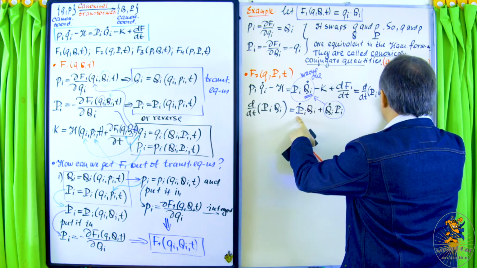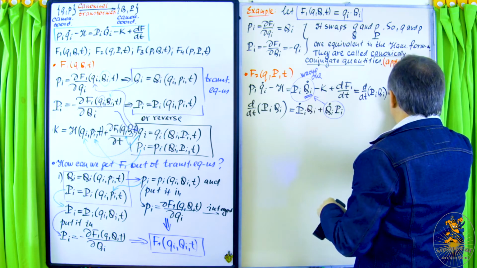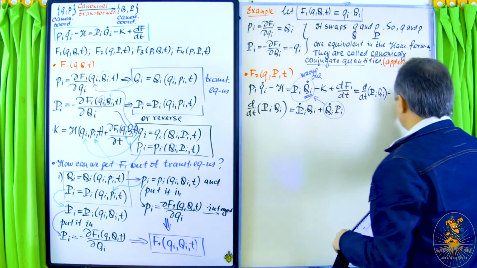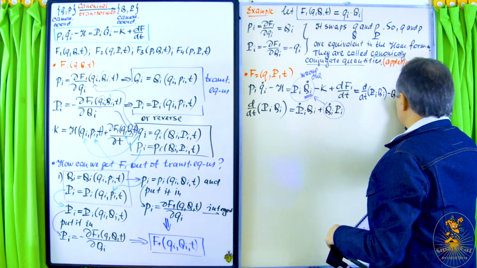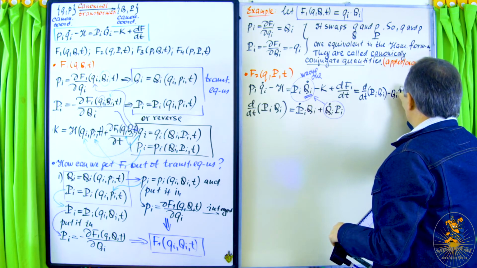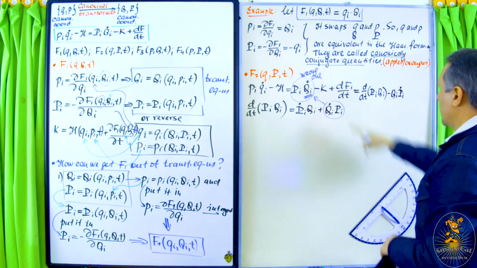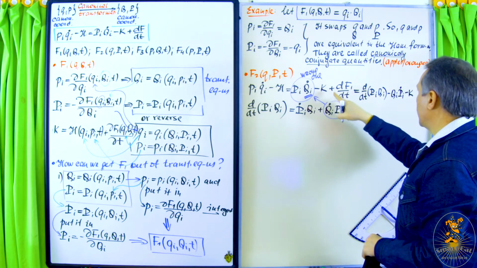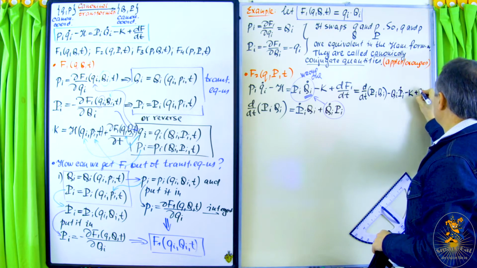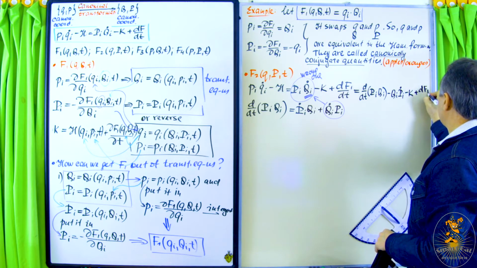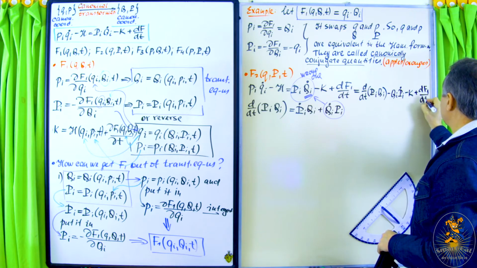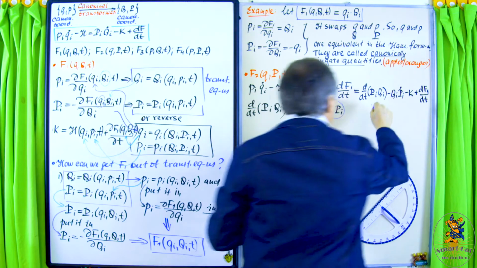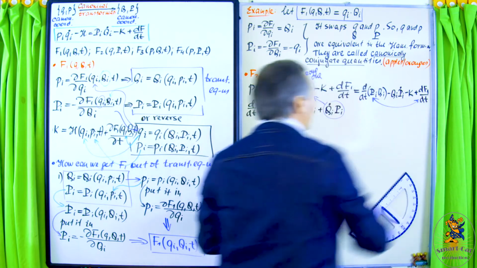Then minus this. You know what? Let me write first Q. It's not a big deal, but still makes me feel better. Q_i P_i dot, right? It's this term, and then minus K, and plus the total time derivative of f1 with respect to time. Obviously, these two must be combined.